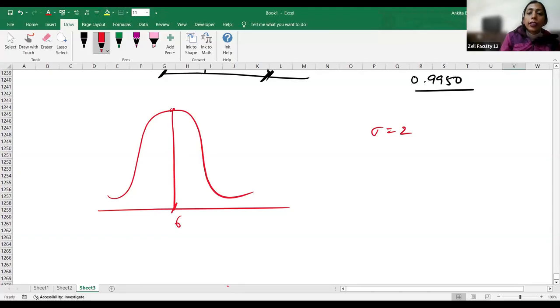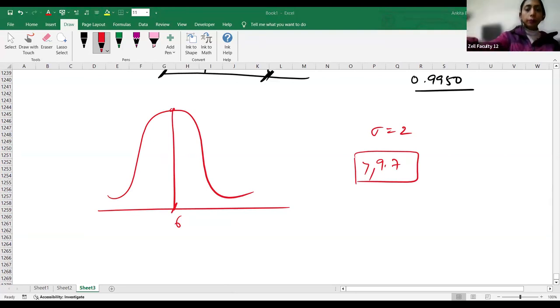What is the probability that the average value is greater than or equal to 9.7?